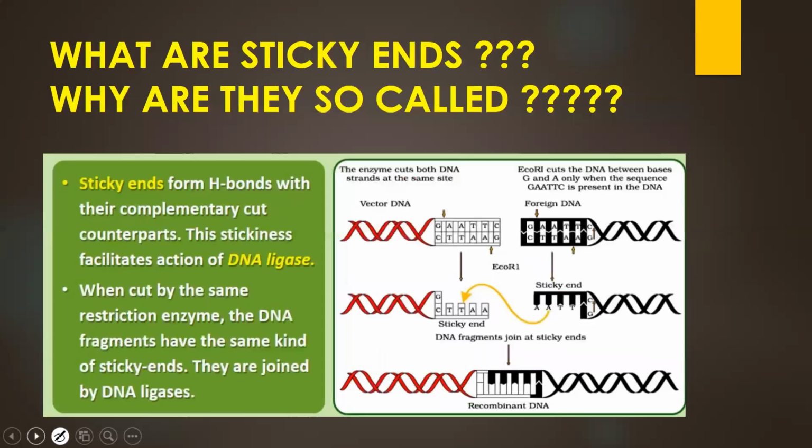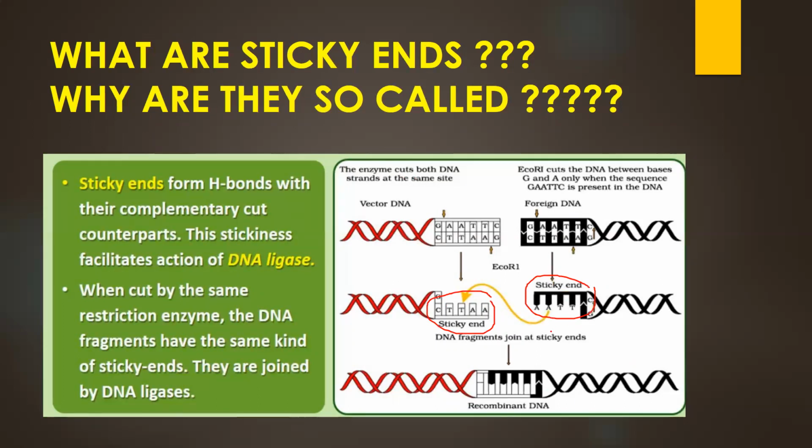Now, why are they called sticky ends, or what are sticky ends? Let us understand both the things. What are sticky ends? I have just now told you that after cutting, single-stranded overhanging stretches at the end of each strand are produced.